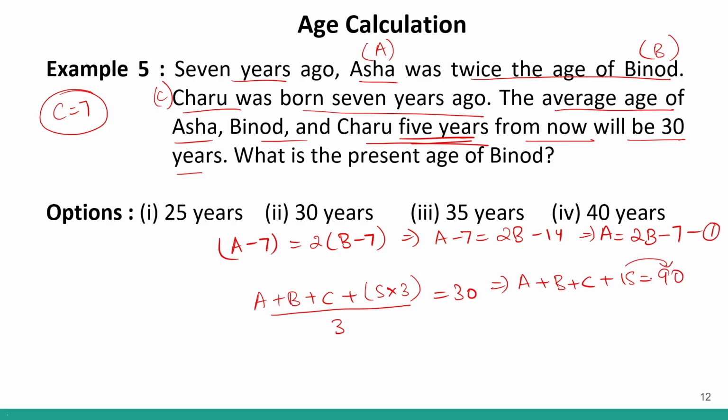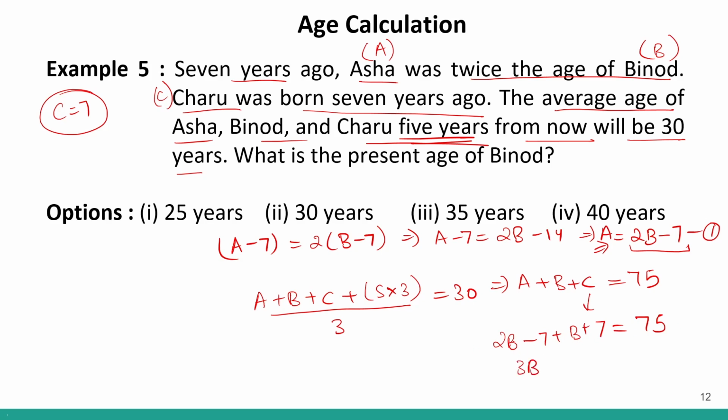And if I take 15 over here, I will have to subtract 15. This will give me 75. So I can say A plus B plus C equals 75. Correct? In this equation, I know the value of C, which is 7. And from equation number 1, I know the value of A. A is 2B minus 7. So I can write 2B minus 7 plus B plus 7 equals 75. Correct? In this equation, I have only one variable, which is B.